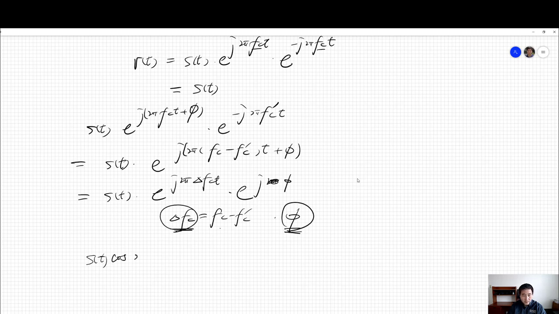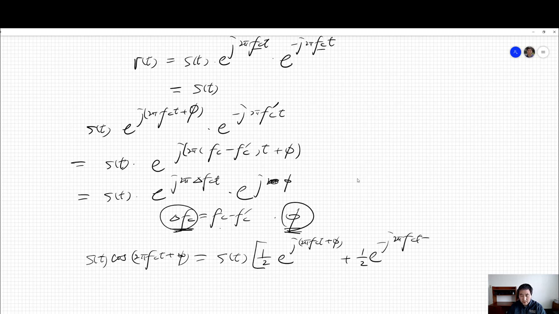So it's cosine of 2 pi fc t plus phi, which is the same as s(t) times a half of e to the positive j (2 pi fc t plus phi) plus half e to the power negative j (2 pi fc t plus phi). Okay, so in practice, we're always using cosine, and that is what we are going to use in the following examples.